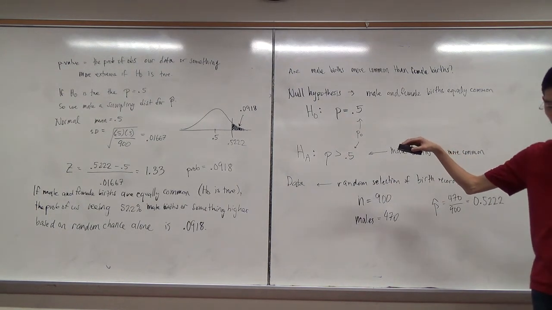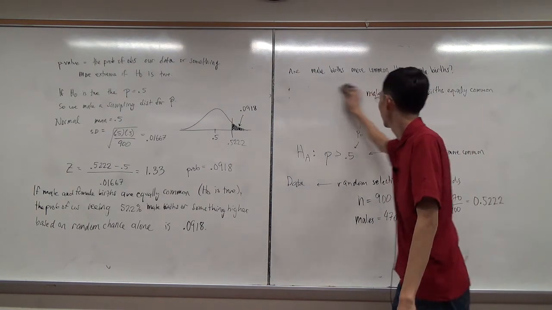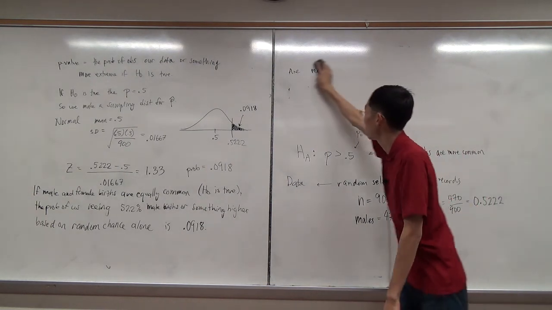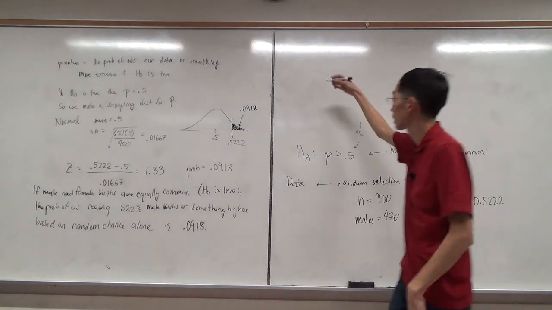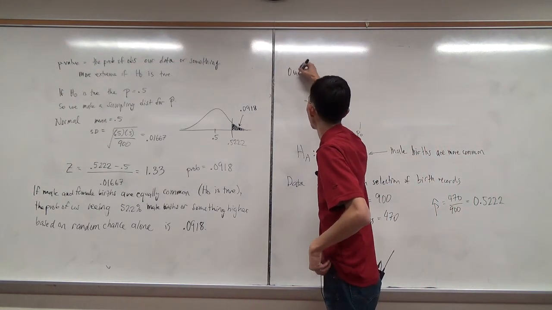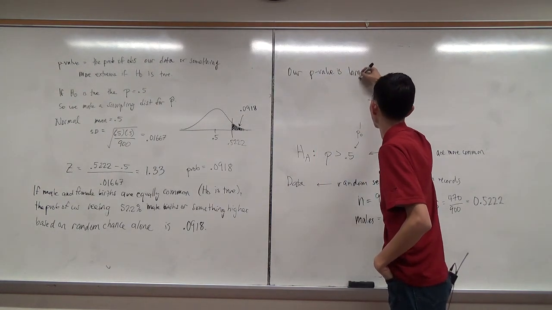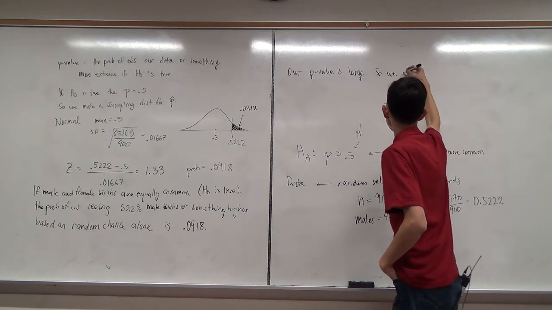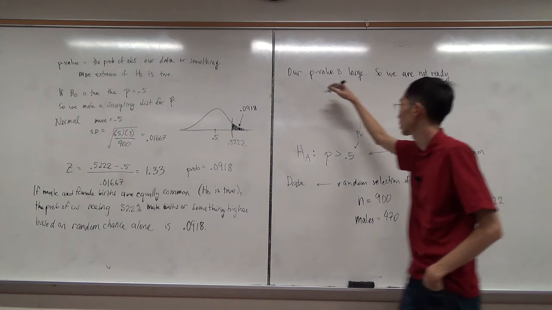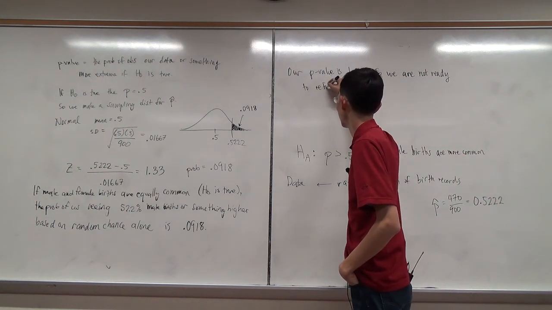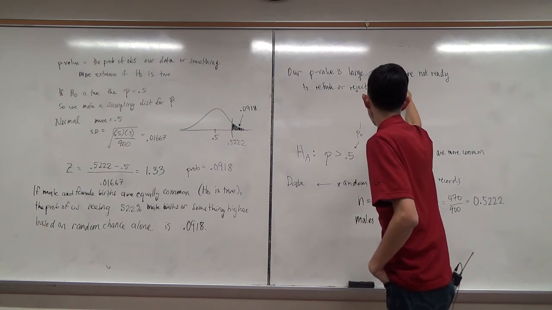So we are not ready to say that we have data to refute the null hypothesis, okay? So our p-value is large. Okay. So we are not ready to refute or reject the null hypothesis.